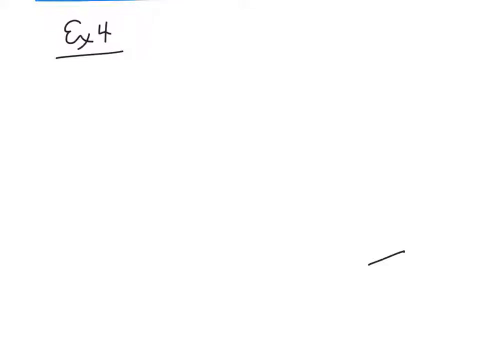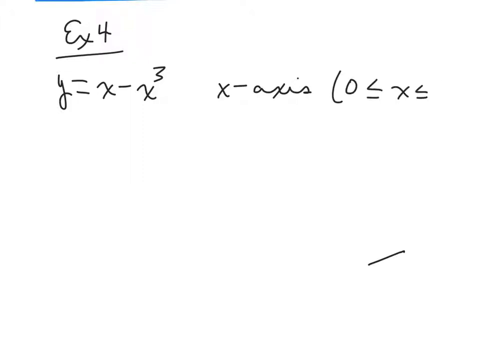Find the volume of the solid of revolution formed by revolving the region bounded by y equals x minus x cubed and the x-axis, and then they put us on an interval. They tell us that 0 is less than or equal to x is less than or equal to 1. And we're supposed to take that about the y-axis.